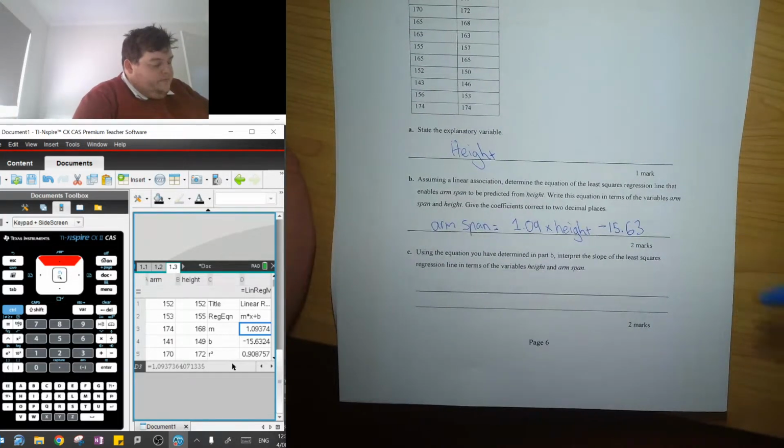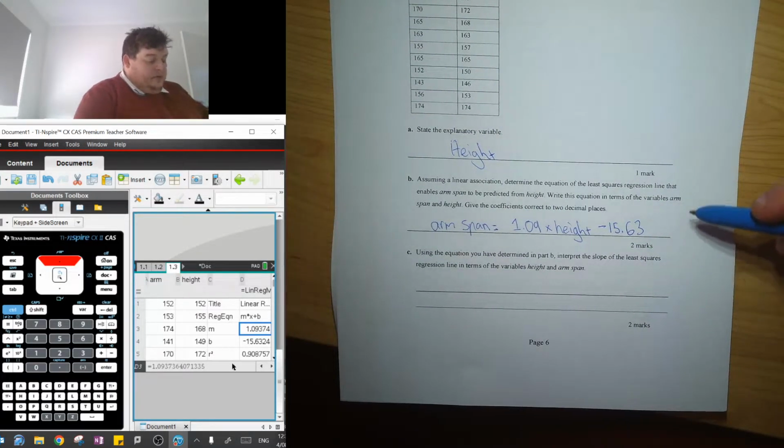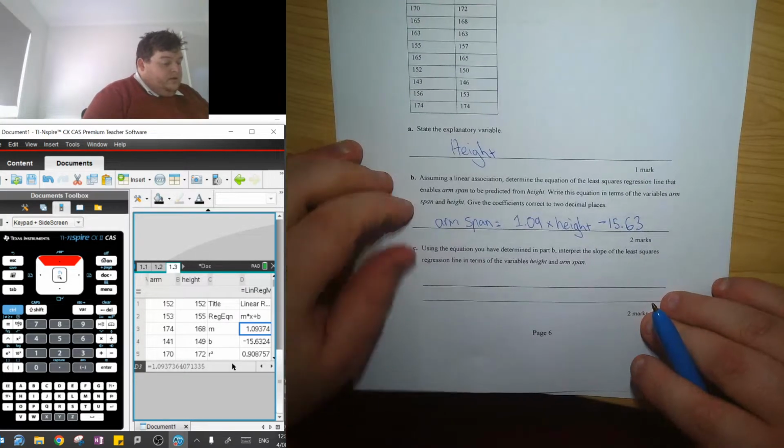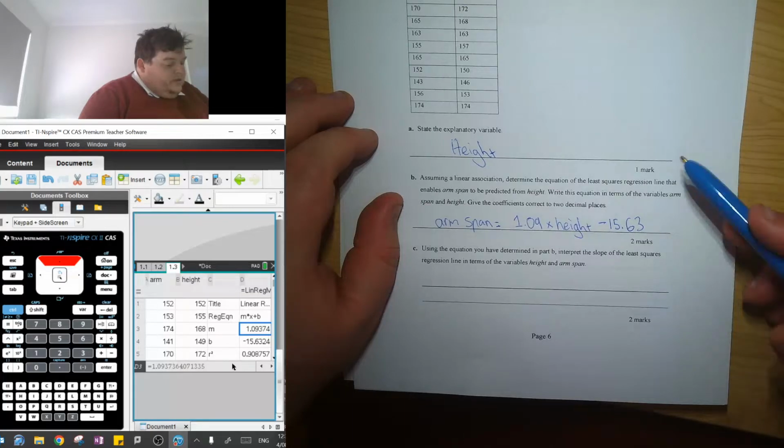So that's it there. Using the equation in part B, determine the slope of the least squares regression line. In using, so I've got to explain what it is. Yeah, sure. So the height's in centimeters.